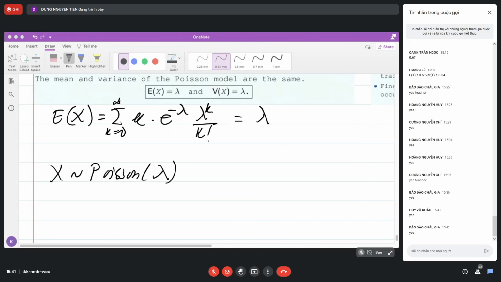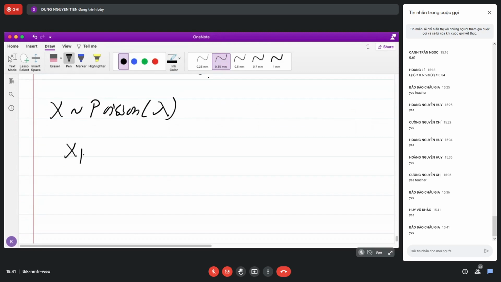And besides, suppose that x1 is the number of red cars across the street every minute, x2 is the number of blue cars, x3 is the number of white cars. Then you can consider x1 plus x2 plus x3, and suppose that they are independent. This sum gives you the number of cars crossing the street with the color red, blue, and white.